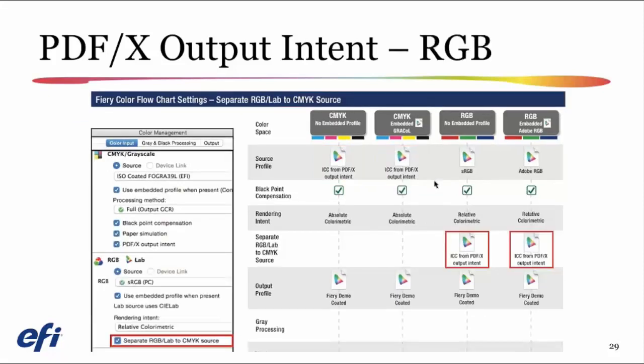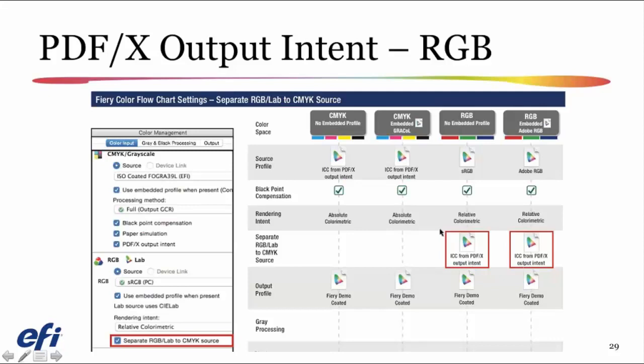The other setting I need to use if I want to be fully compliant with PDF/X output intent is this control that I'm showing at the bottom, the separate RGB to CMYK source. This causes the RGB input spaces to be converted to the CMYK source before they're printed.